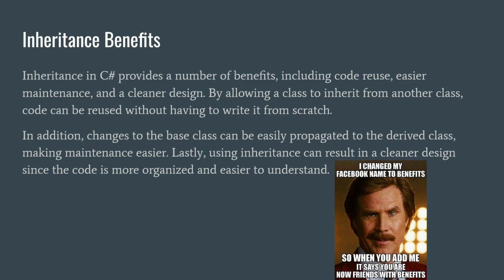By allowing a class to inherit from another class, code can be reused without having to write it from scratch. In programming there's a principle called DRY, which is don't repeat yourself. Try not to copy and paste. In some cases you might have to, but try to avoid it as much as you can. Remember DRY, don't repeat yourself.